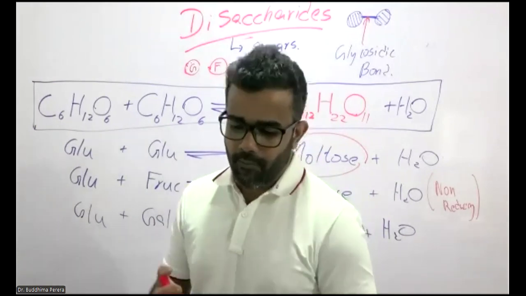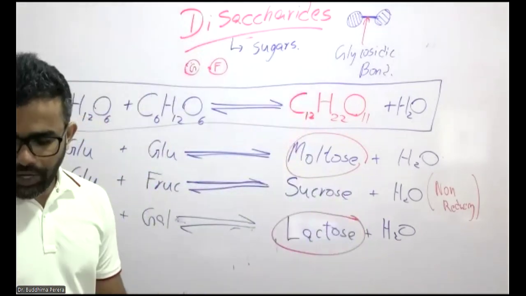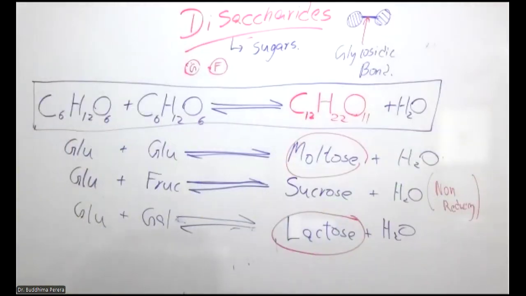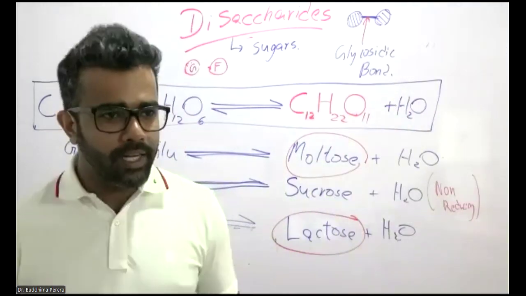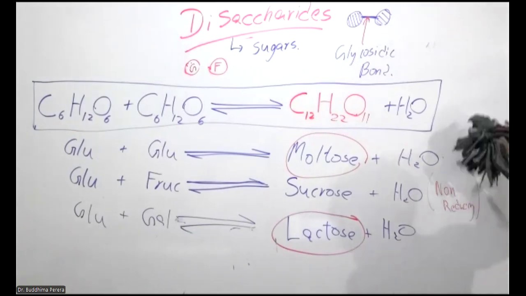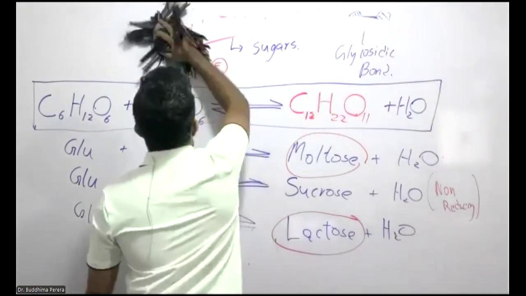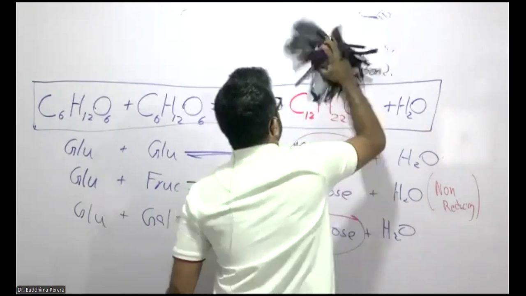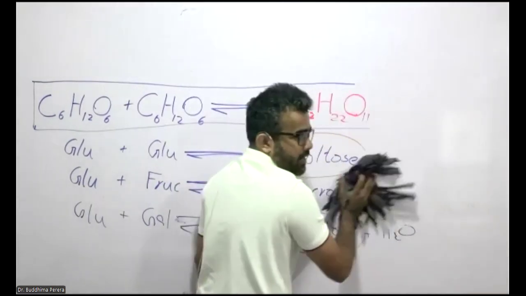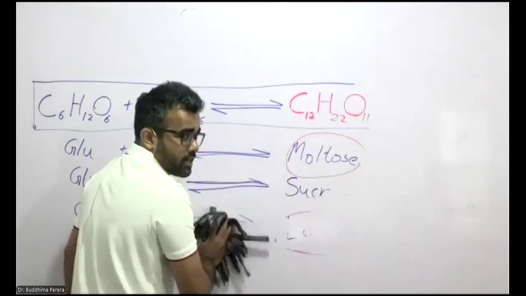Okay. Now let's talk about polysaccharides. What are polysaccharides? Poly means many. So many sugars combine to form a polysaccharide. Many sugars. One sugar, monosaccharide. Two sugars, disaccharide.